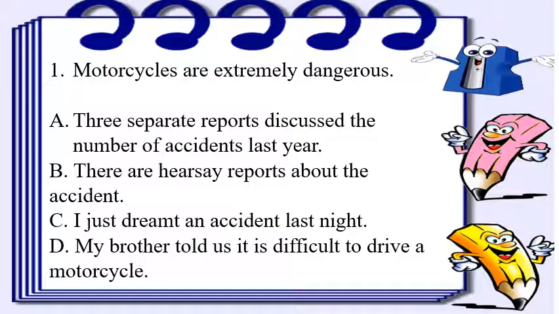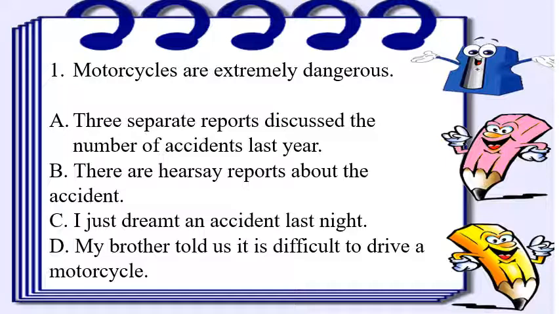So now, with your pen and paper, let's answer the following questions. Number 1. Motorcycles are extremely dangerous. Is it A, three separate reports discussed the number of accidents last year? B, there are hearsay reports about the accident.